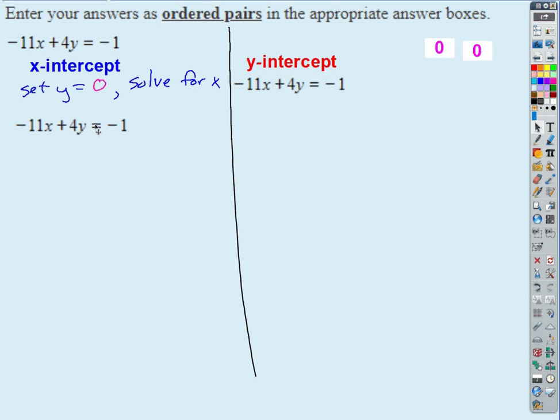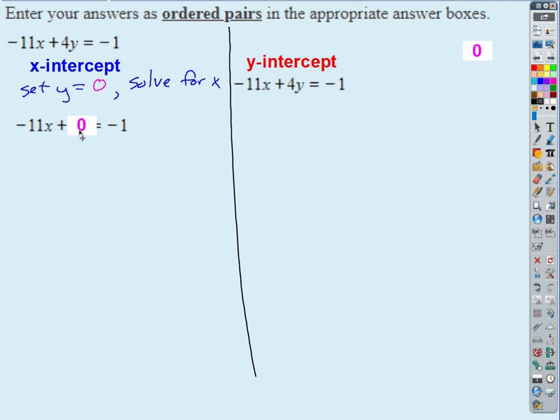If I've got this equation up here, negative 11x plus 4y equals negative 1. If I set y equal to 0, it makes this equation pretty darn simple, doesn't it? If y is 0, then what's 4 times y? 0, right? 0 times anything is 0. So I could just cross out that term, cover it up, and solve what's left.